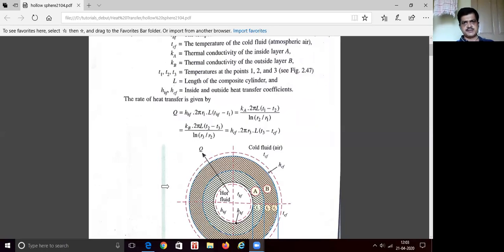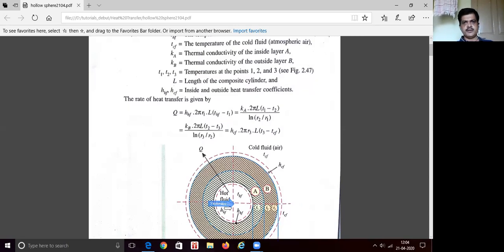This is a composite cylinder. In this composite cylinder, hot fluid is flowing here, and there are two layers, layer A and layer B, and then heat flows out through the circular surface. Heat flows from the hot fluid inside through A and B to the outer surface.